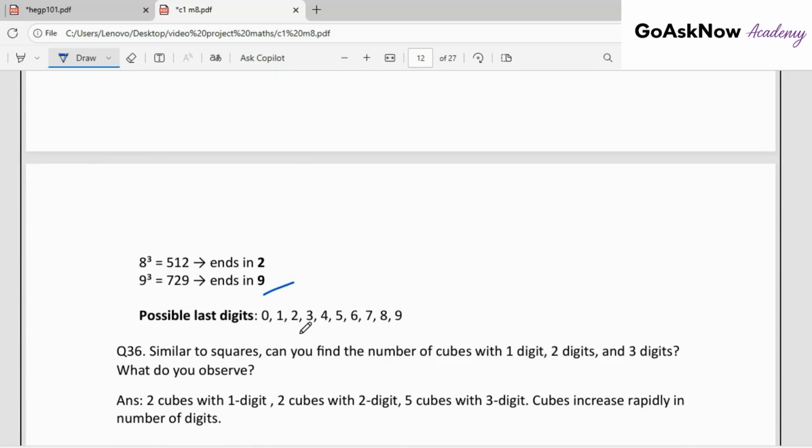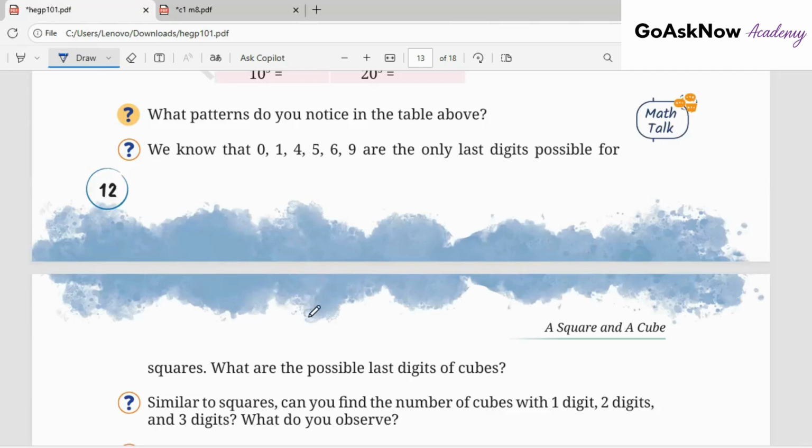Possible last digits are 0, 1, 2, 3, 4, 5, 6, 7, 8, 9. These are the possible last digits.